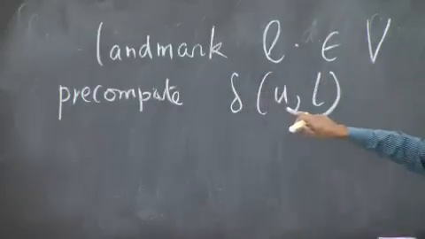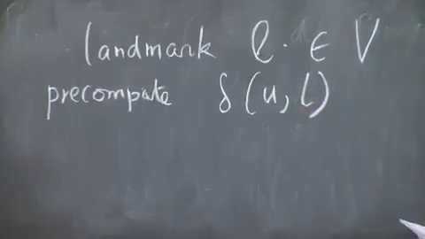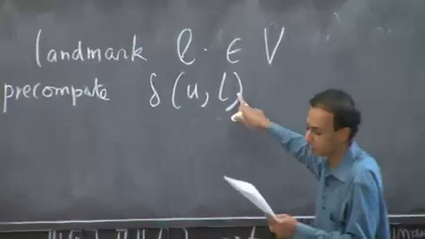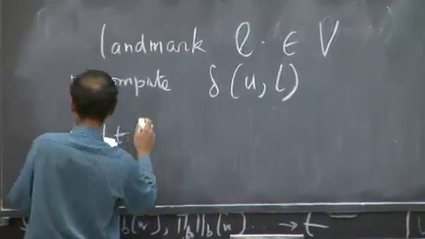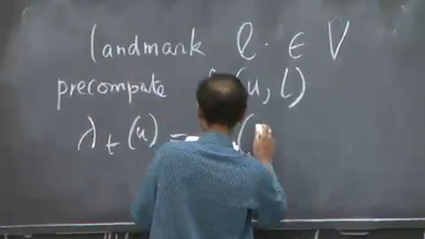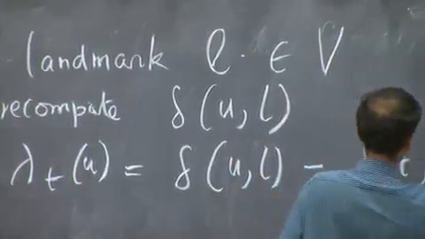So for any input vertex, you want to find the shortest path to this landmark. So it's like change the source, but the destination stays the same. And the potential, lambda_T(U), is defined as delta(U, L) minus delta(T, L).